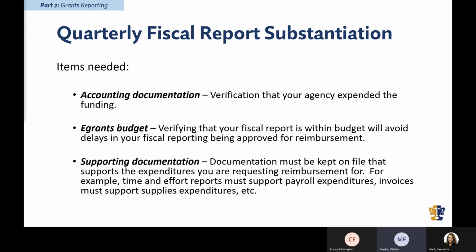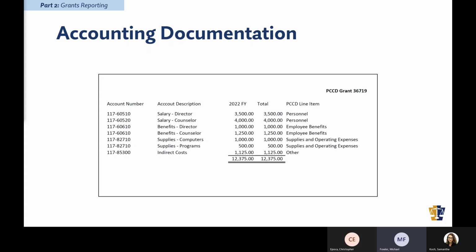Next, we're going to walk you through the actual submission. As I mentioned before, you must have accounting documentation to support your expenditures. In this example, this is the list of GL accounts for grant 36719.